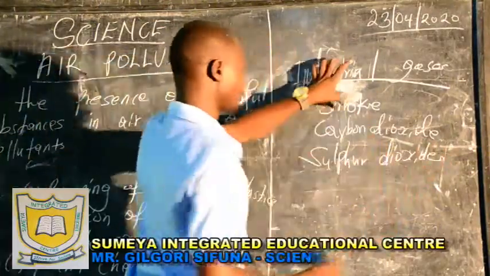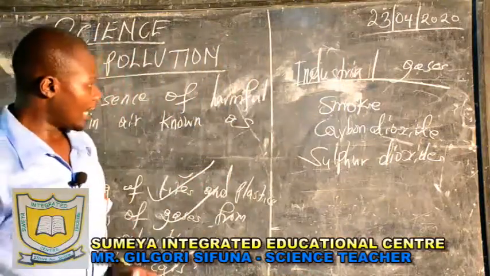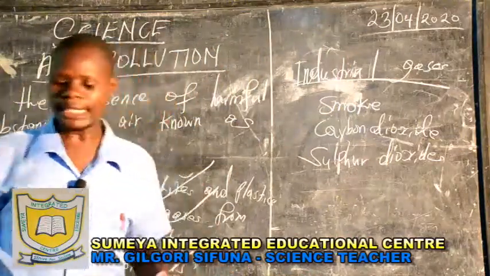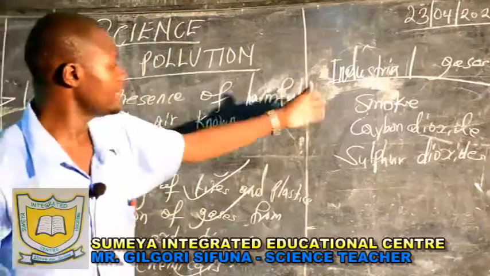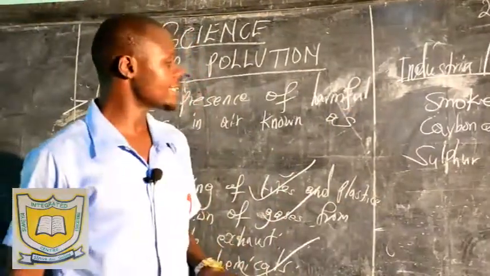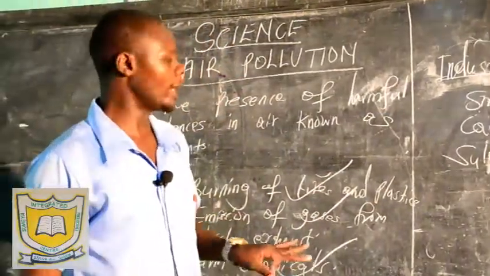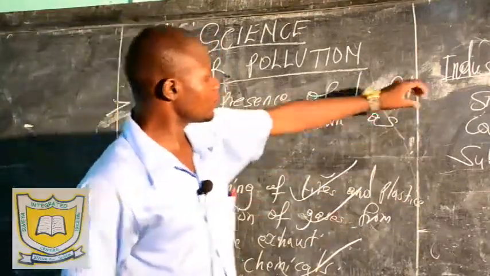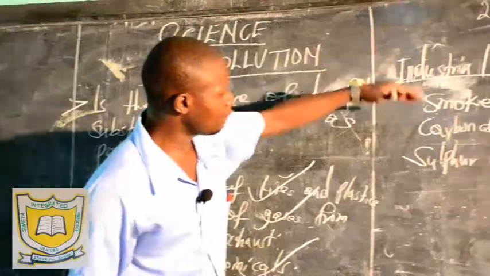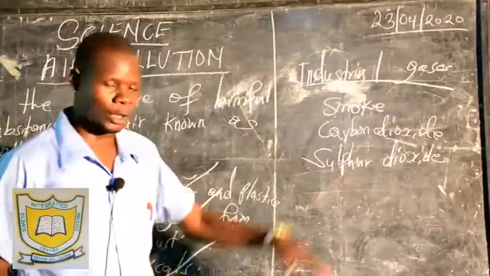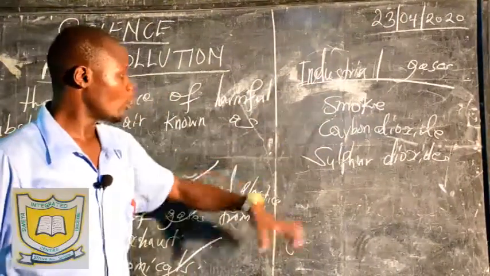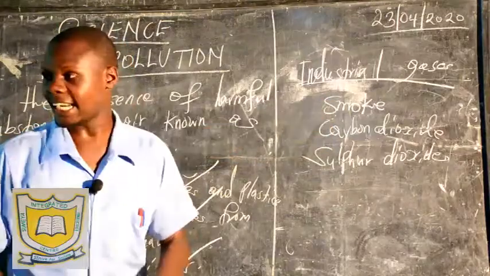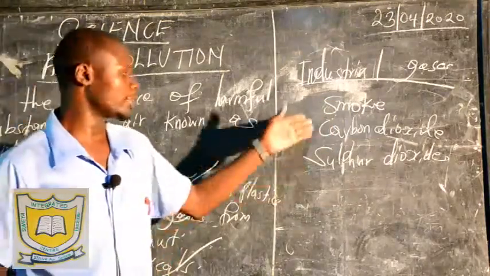These are examples of the gases produced by industry. You find there are so many industries, and these different industries and factories use fossil fuel, that is diesel and petrol, which produces smoke, carbon dioxide, and sulfur dioxide. These are also some of the most dangerous gases that pollute the air.